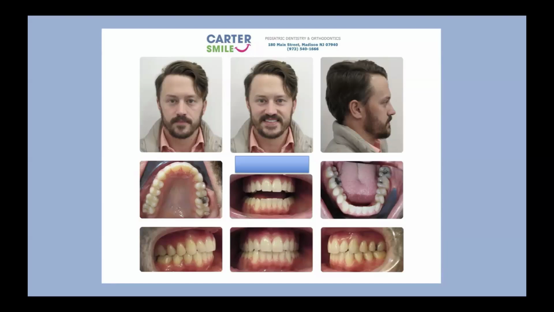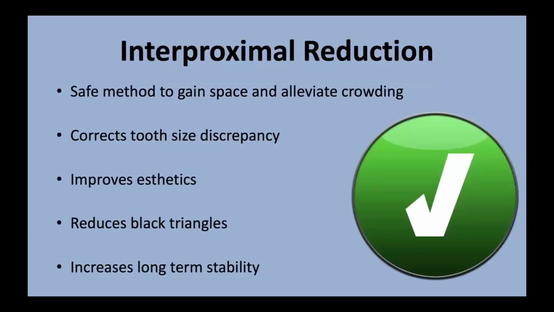Sometimes when our midlines are slightly off and we have that Bolton discrepancy and we know that one central is bigger than the other, we can reduce that way as well to help achieve our midline. So at the end of the day, interproximal reduction is another tool in our toolkit for how we can achieve our best smiles.